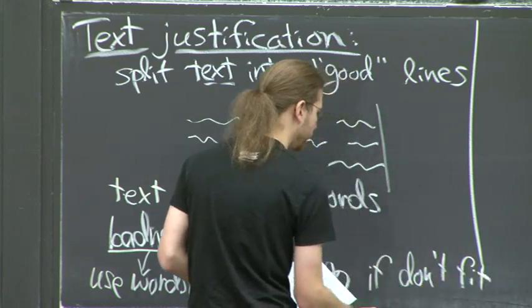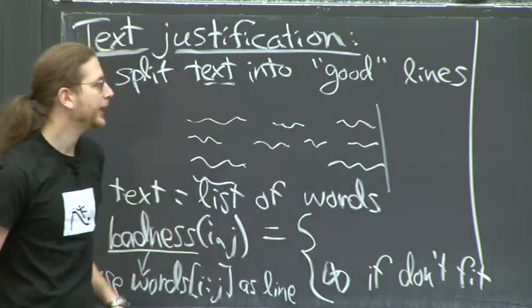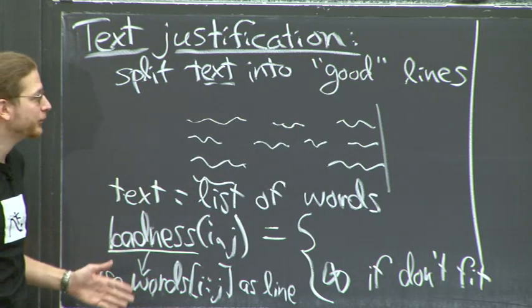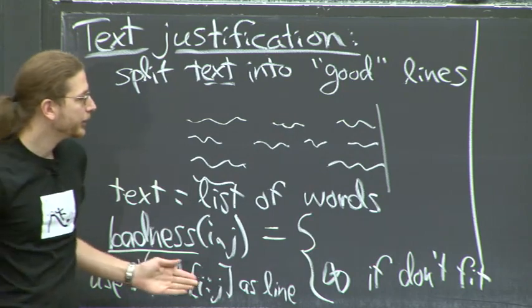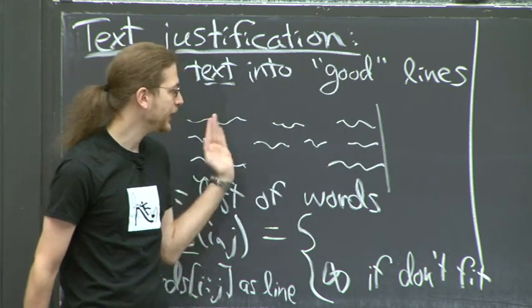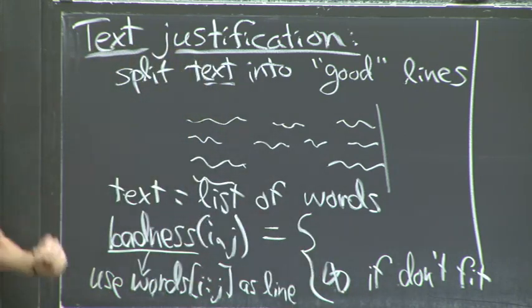I have some notion of how wide my line can be. And if the sum of the lengths of those words plus the sum of the lengths of the spaces, as small as possible, is bigger than the width of my page, then I say they don't fit. And then I define badness to be infinity, meaning I never want to do that.